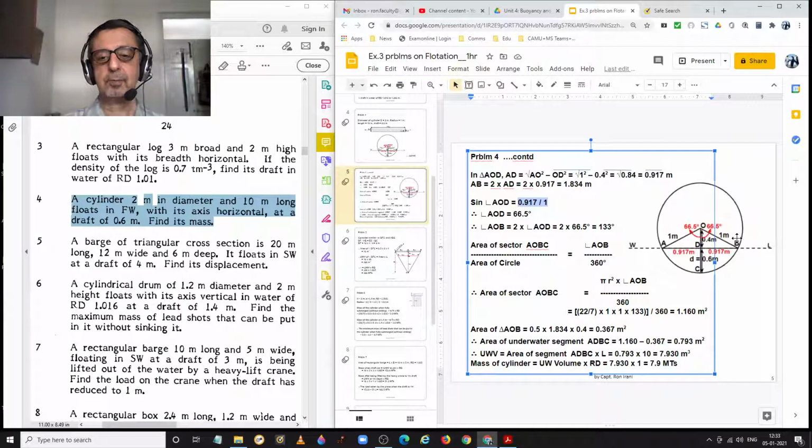Now we have to compare the circle with the sector AOBC.